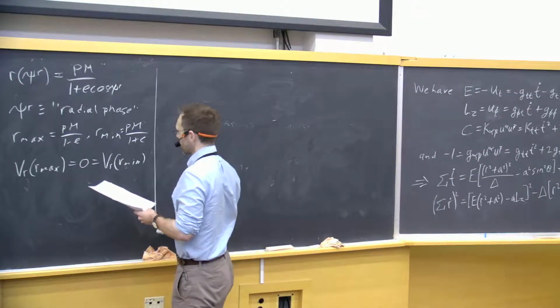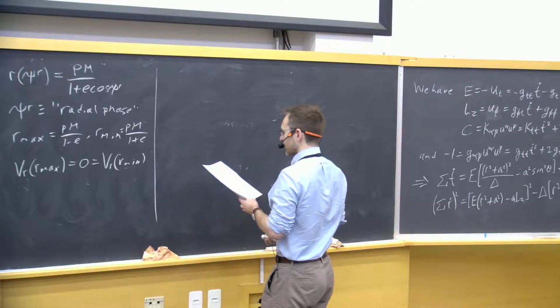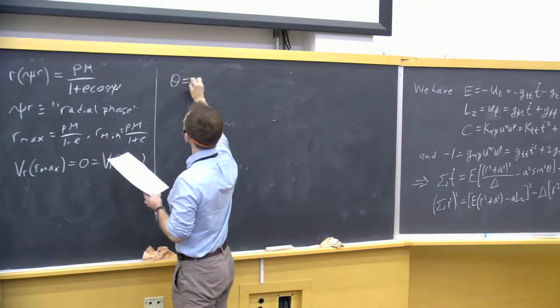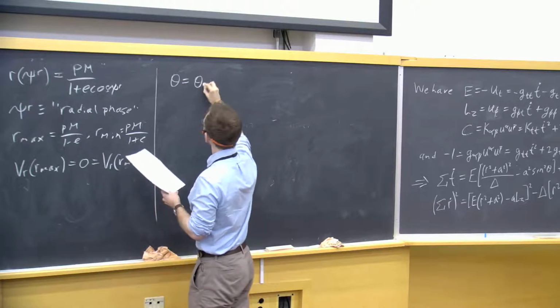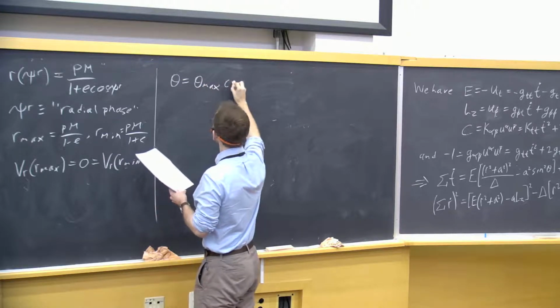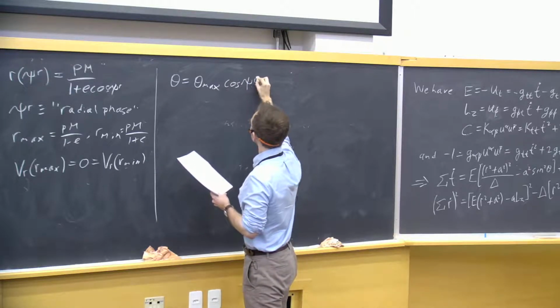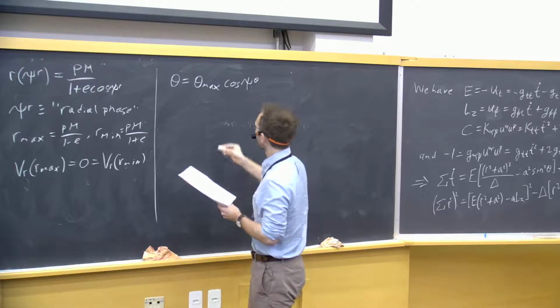And we say theta is theta max times cosine of polar phase.